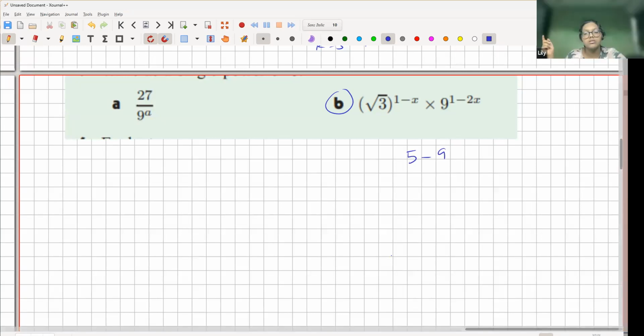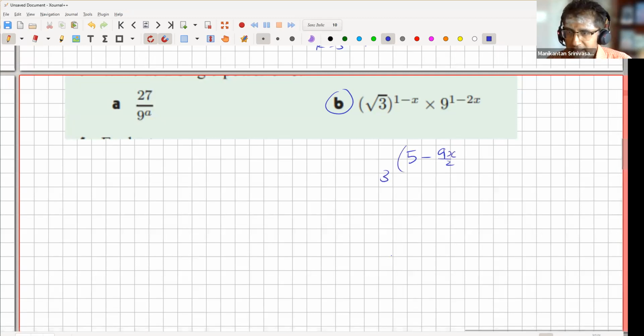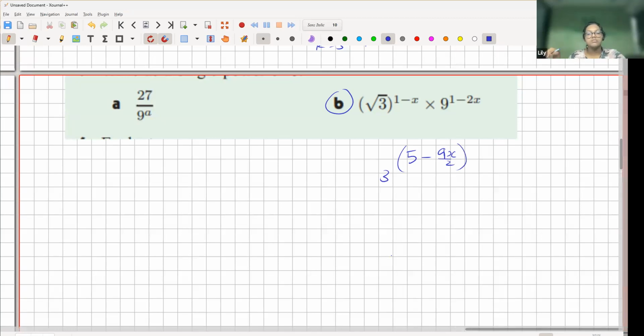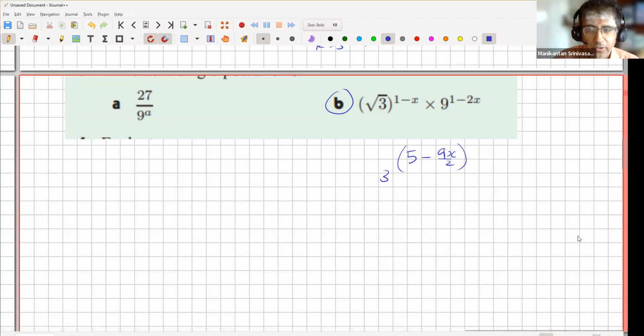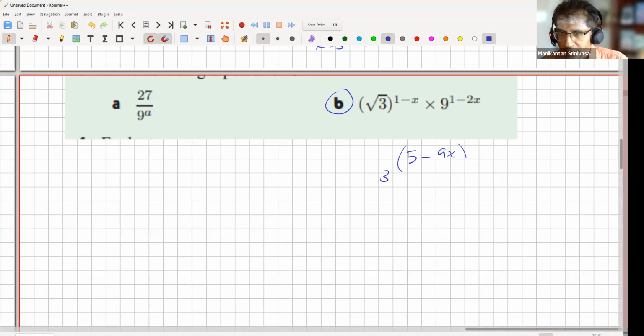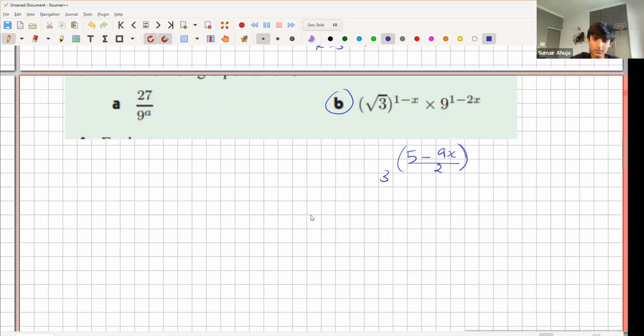Yeah, 5 minus 9x upon 2. We are supposed to, you mean 3 power like this, 5 minus like this upon 2? No, the whole upon 2. 5 minus 9x whole upon 2. Okay. Is this what you guys get as well? Sumer and Avia, sorry. She's got this. So just give me 30 seconds. Okay. So it matches the answer behind. Matches the answer behind. Yeah, wonderful.